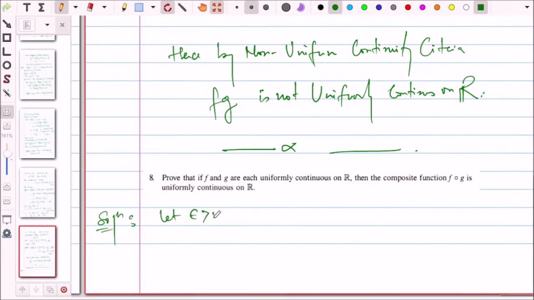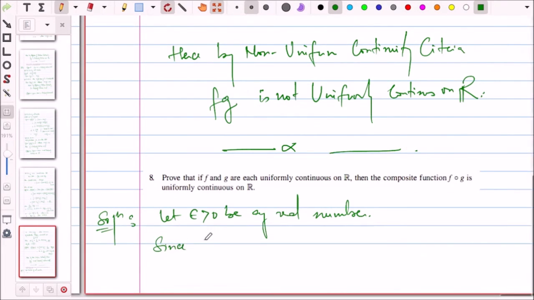Let epsilon greater than 0 be any real number. First we will use the uniform continuity of f, then we will use the uniform continuity of g, because we have to show that f of g is uniformly continuous.